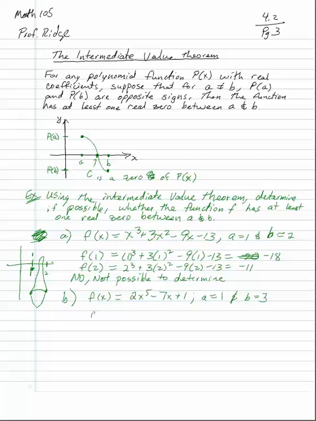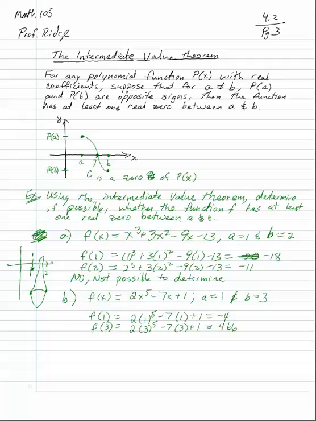So if a is 1, 2 times 1 to the 5th minus 7 times 1 plus 1. That's 2 minus 7 plus 1, which is negative 4. Now we're going to do f of 3. So 2 times 3 to the 5th minus 7 times 3 plus 1 equals 466.